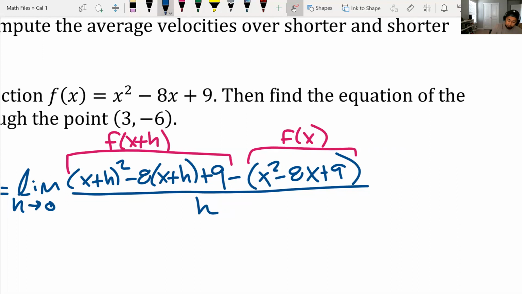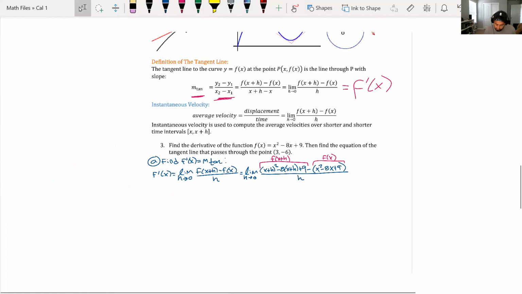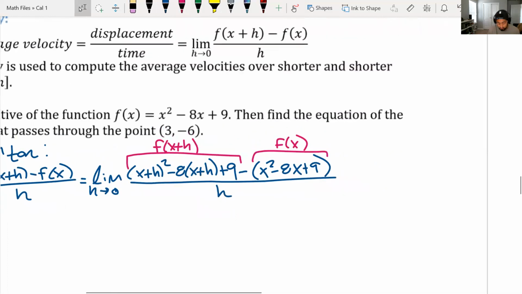Now, let's simplify it. I'll just go down since I can't go to the right.